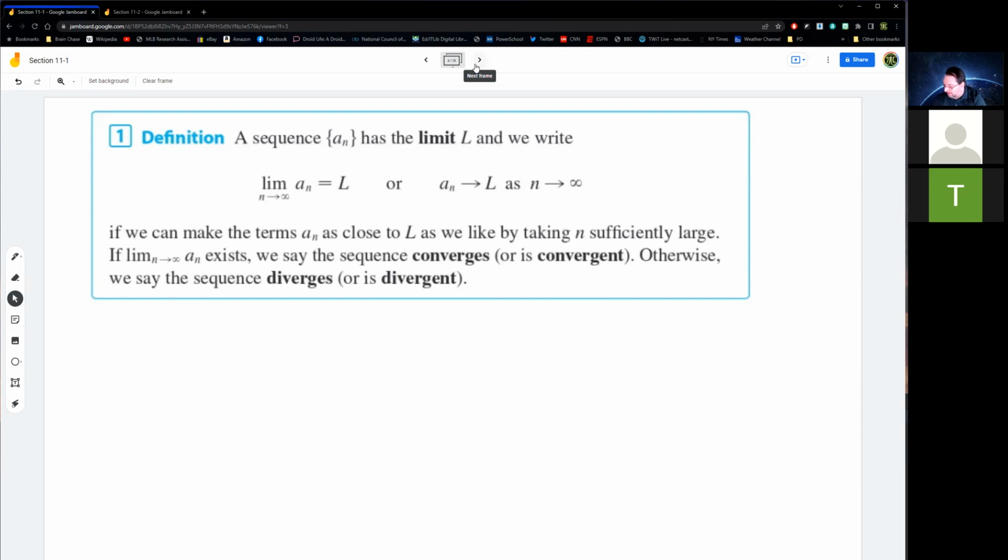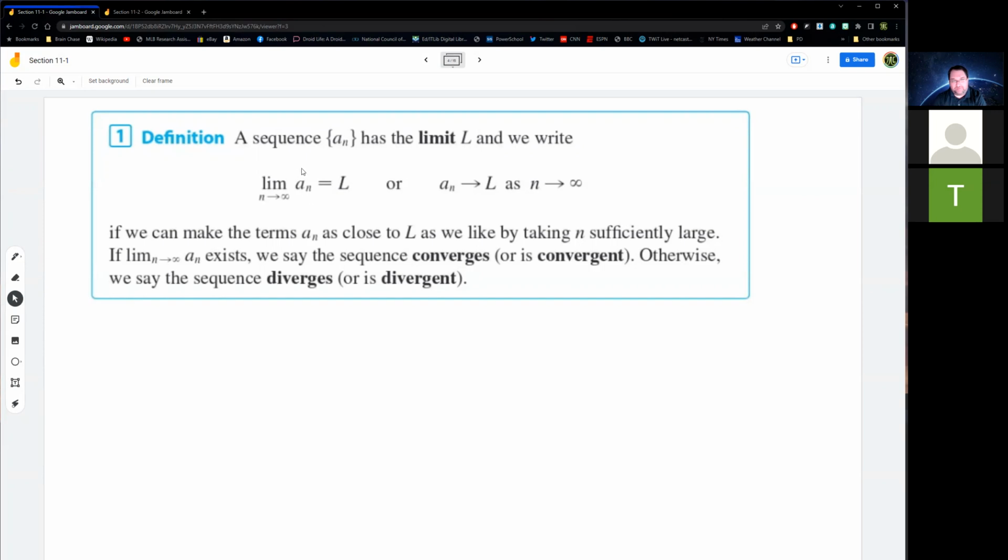Wait, so Professor, the first one explains convergence and the other one explains divergence? No. Basically, they're the same thing. As the sequence goes to the limit, these say the exact same thing.